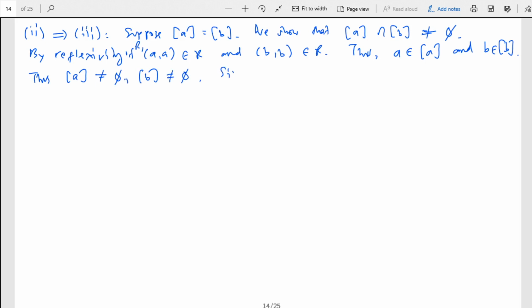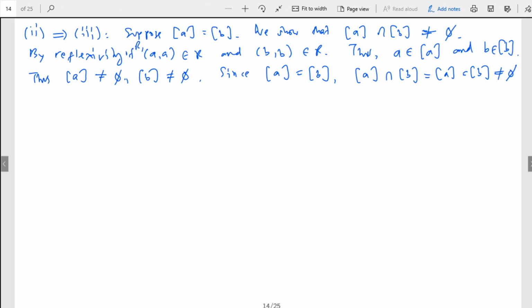Since they are both not empty and they are equal, the intersection of both is the same as the class of a, the same as the class of b, and they are all not empty. That establishes the fact that 2 implies 3.